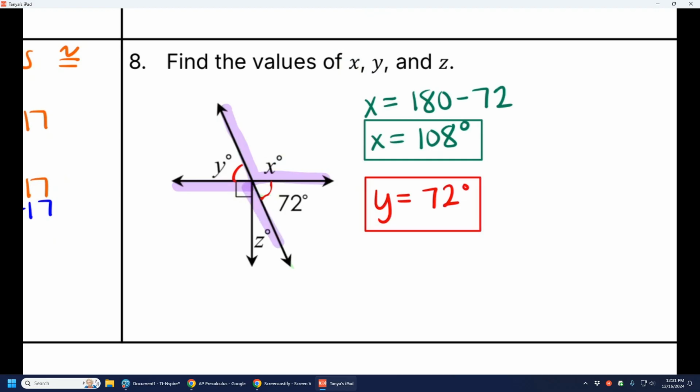So since we know that x is 108, then this piece is also 108. But we have 90 there. So to find z, that's going to be 108 minus the 90 that we already have. And when you do that subtraction, that gets you 18.